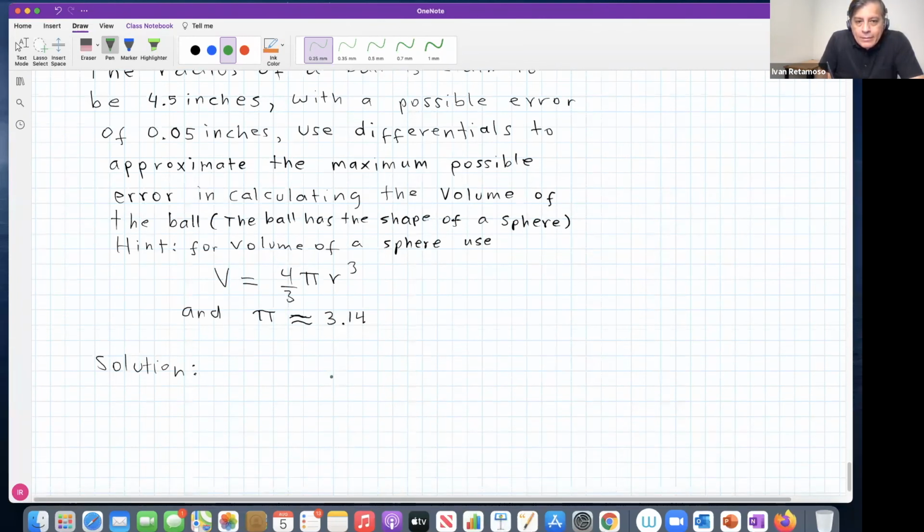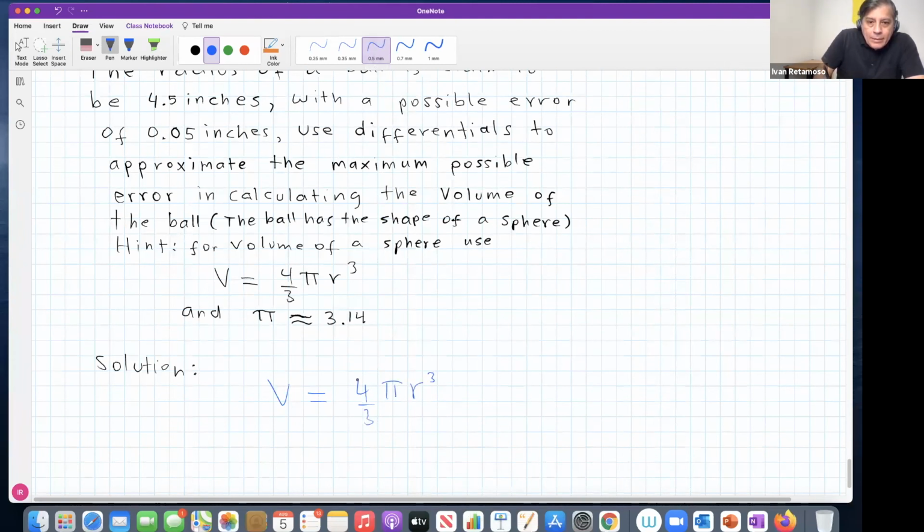Okay, so let's do this together. First, let's write out the formula for the volume of a sphere. We're going to need that. Volume is equal to 4/3 pi r cubed.